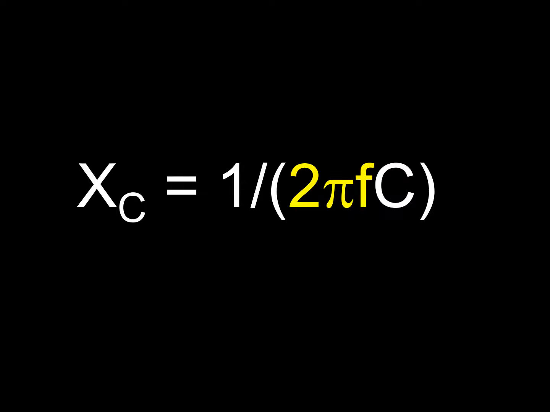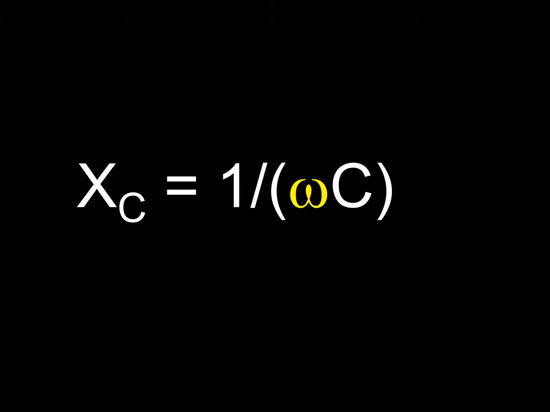The formula I will show you in the next frame substitutes the letters in yellow for a different term. This term is indicated by the lowercase Greek letter omega, which indicates radians per second and is used to describe angular velocity.